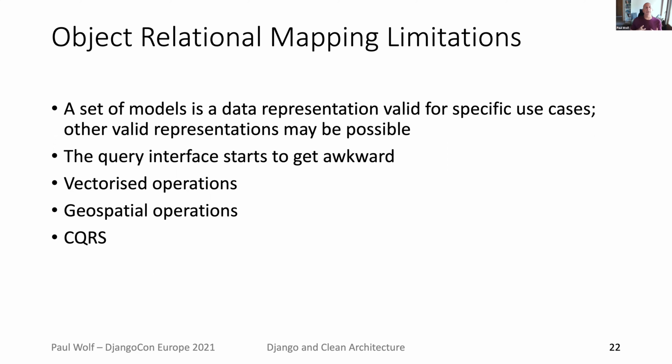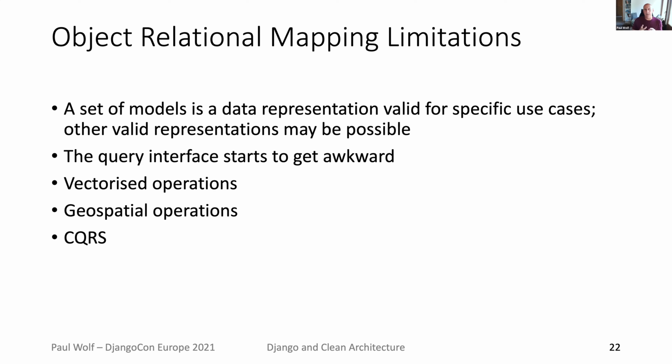Your model representation is a snapshot of your domain that's valid for some ways of using or supporting a set of use cases, but not necessarily all of them. I also, it's my opinion that the query set API is fantastic. I love it. You can do a lot of things with it. In fact, you can do almost everything with it. It's amazingly powerful. And it's also extremely well designed for performance.